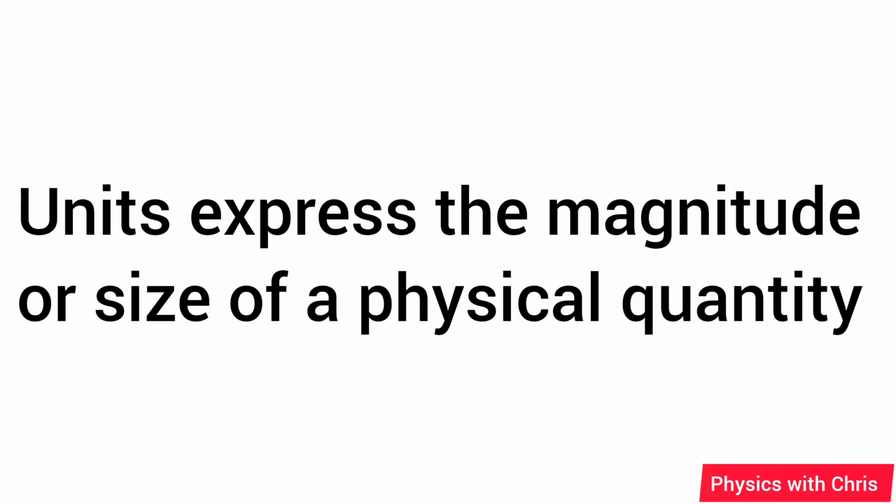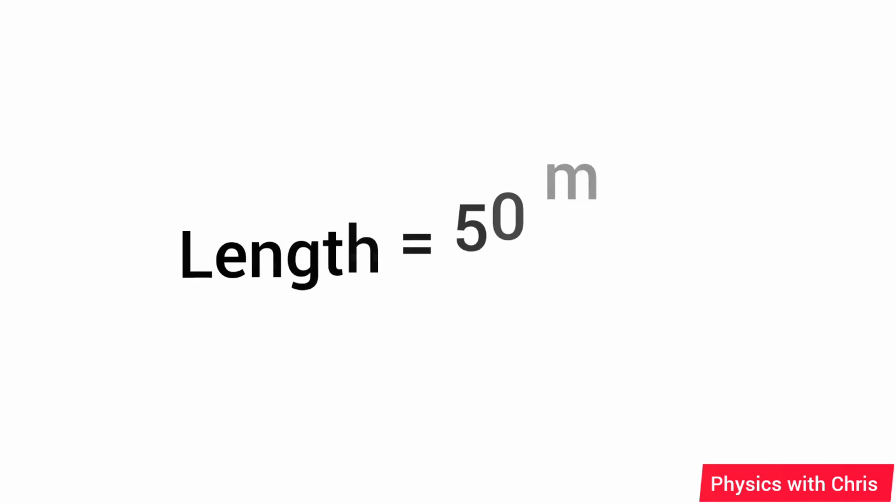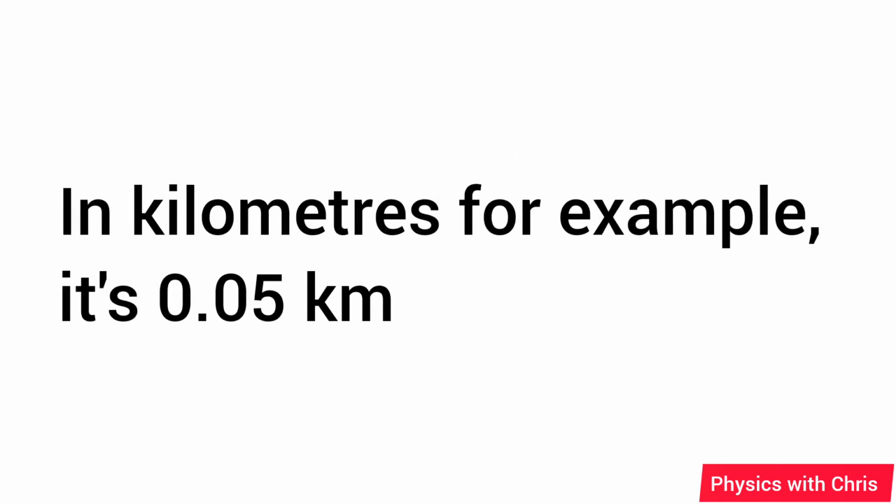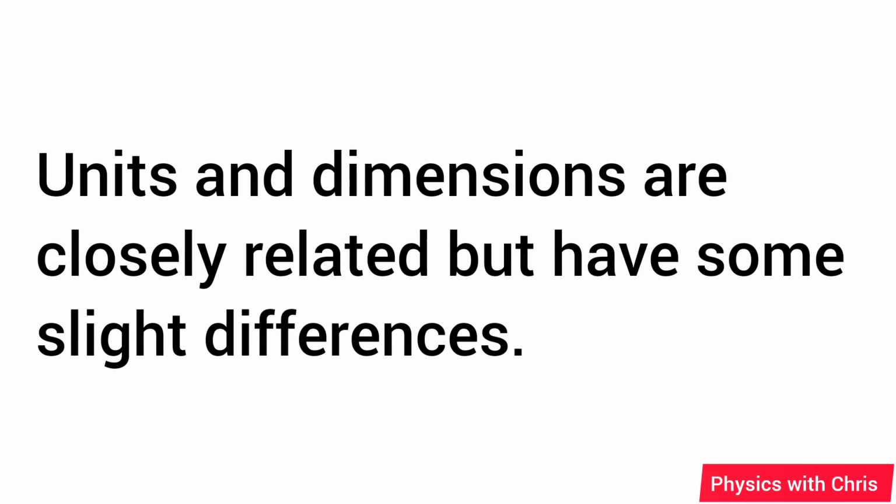For instance, if you say that the length of an object is 50 meters, the 50 meters describes the magnitude of the length and is based on the units upon which it is measured. Because if I have to convert that length to a different unit like kilometer, it will no longer be 50. So units and dimensions are closely related, but there are slight differences between the dimension of a physical quantity and a unit.